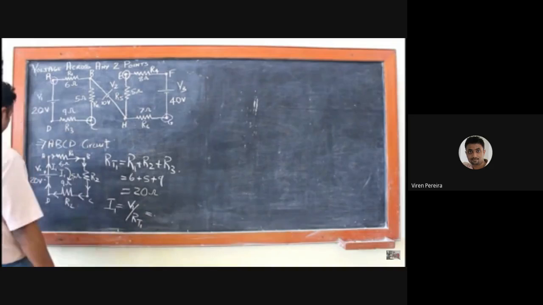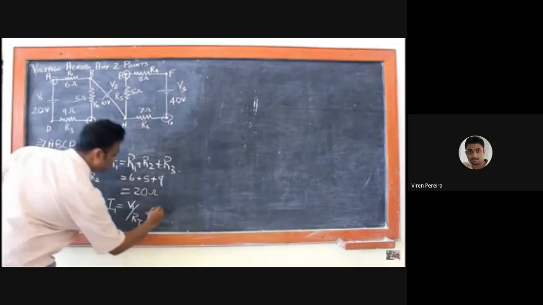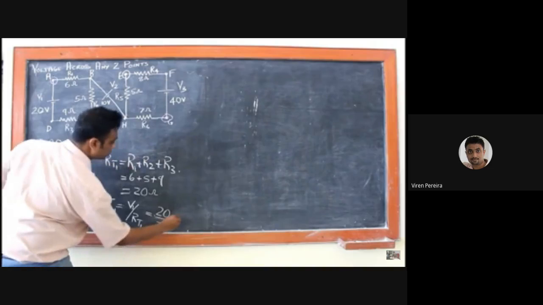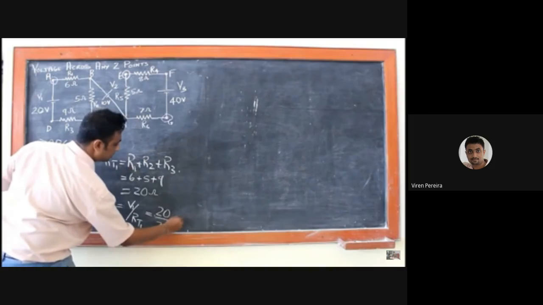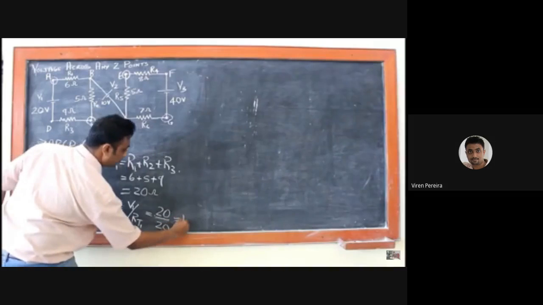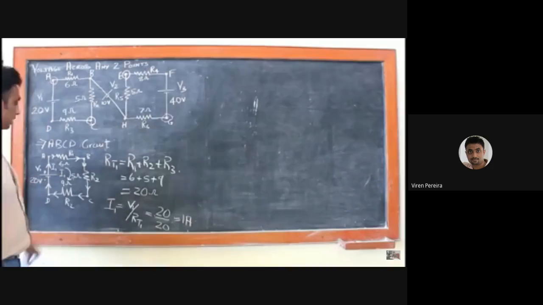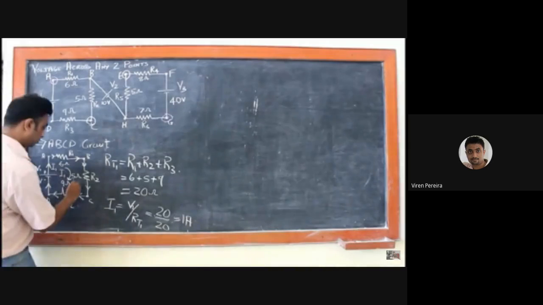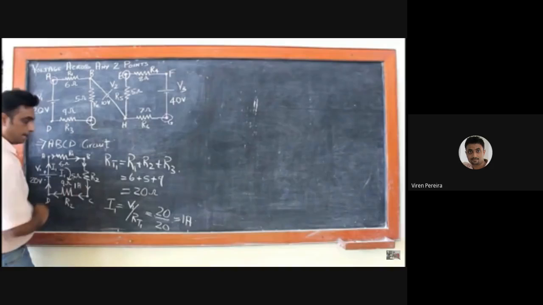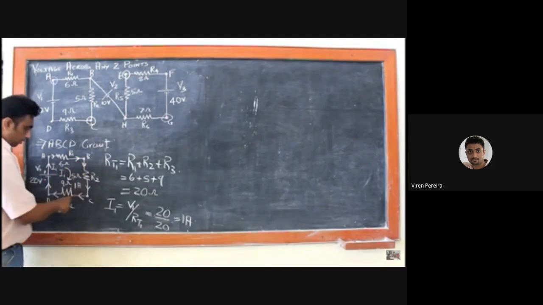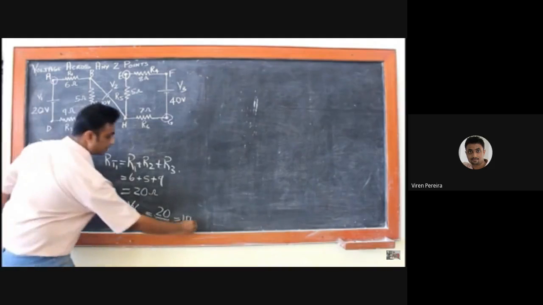So we have 20 divided by 20 ohms, which is 1 amp. So 1 amp of current is flowing in this whole circuit.